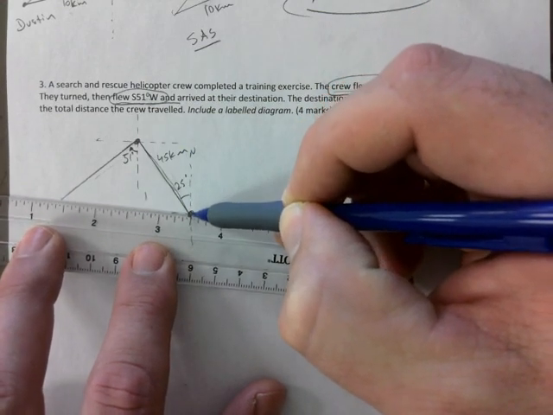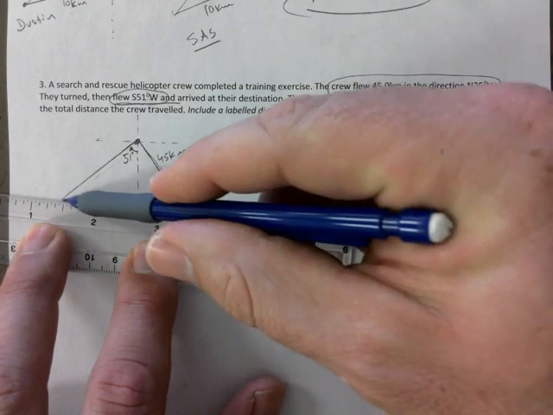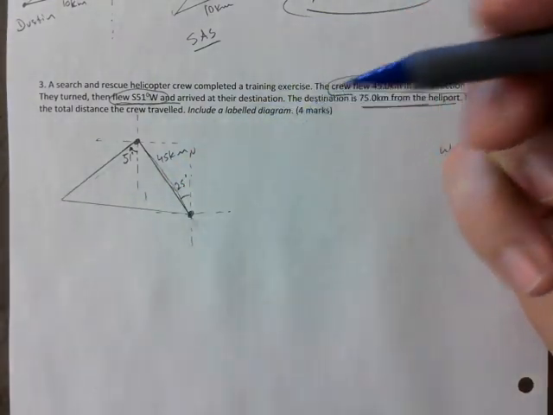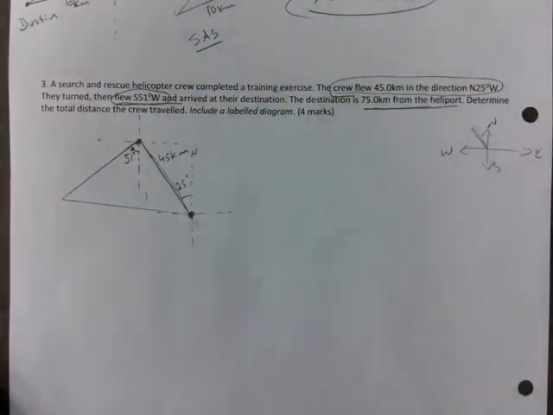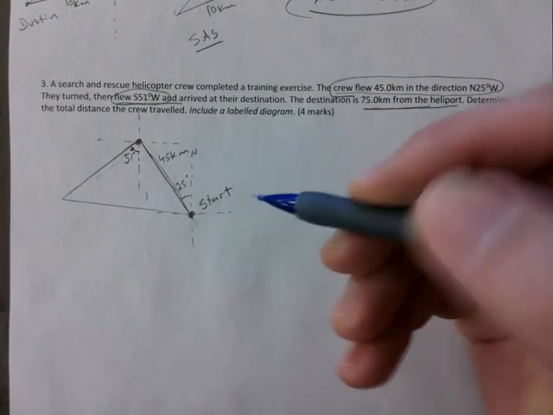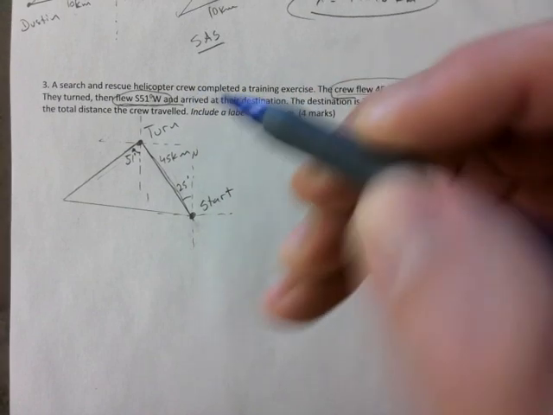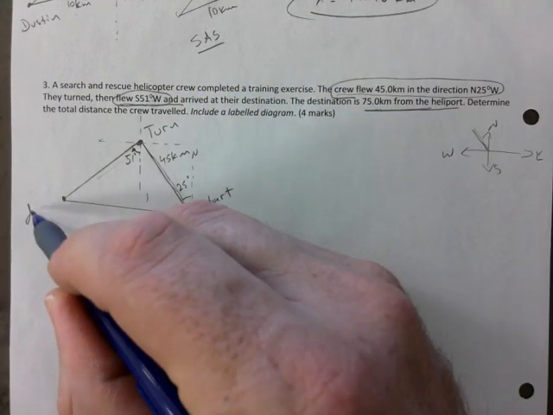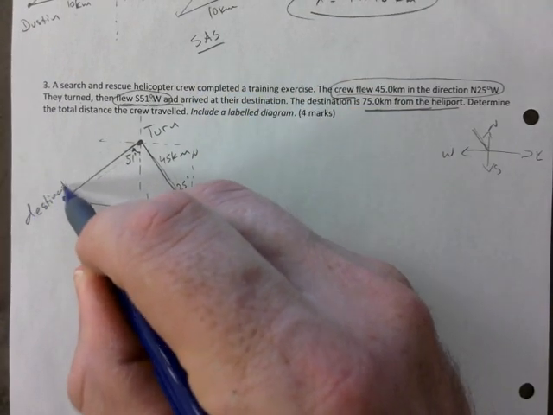So I will actually do this here, a light line there. And so what do we have? We know that this is my start. This is where I turn. This is your final destination.